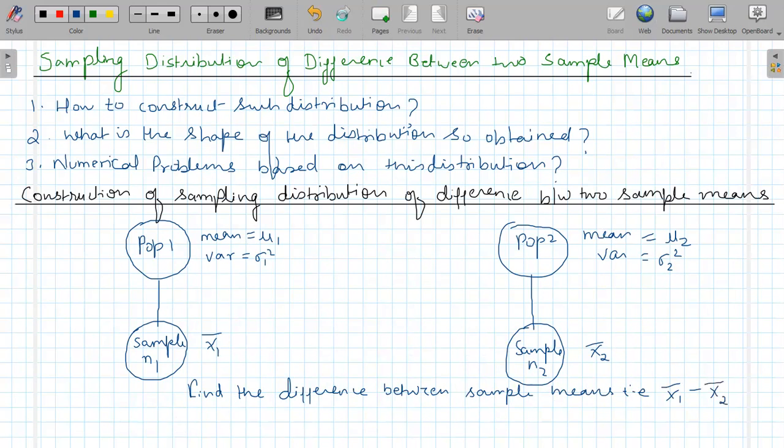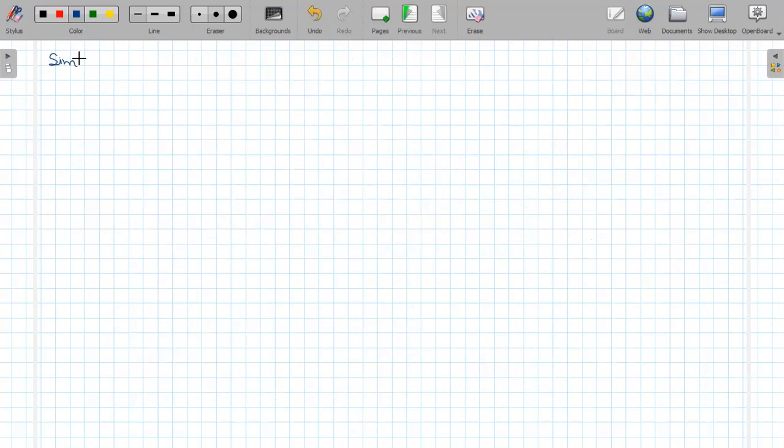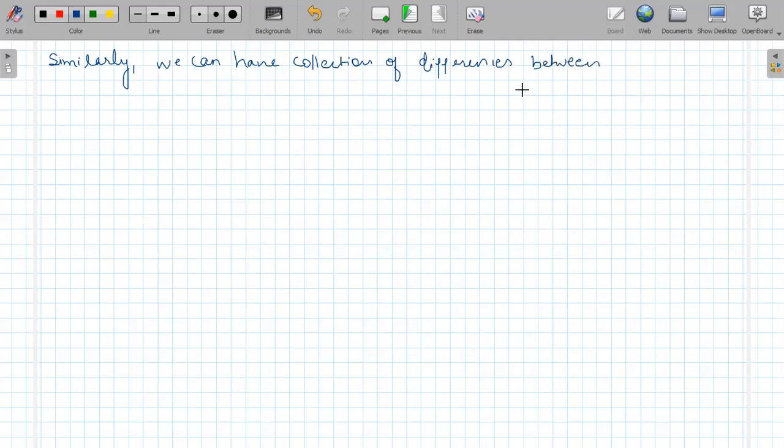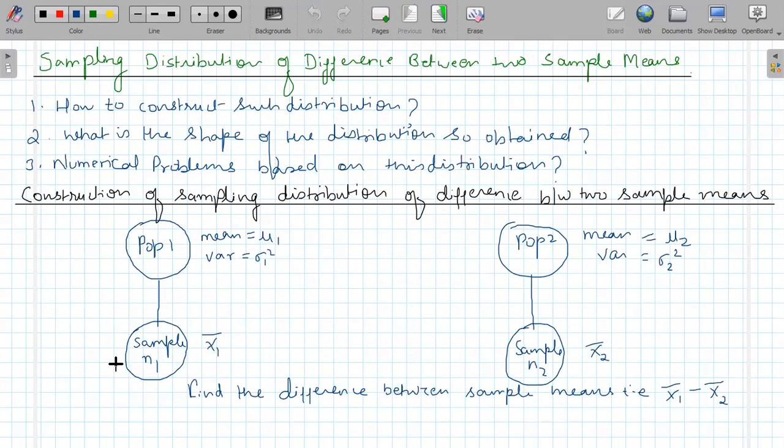Similarly, we can have a collection of differences between sample means. अगर हमने एक सैंपल ड्रॉ किया है, you can draw another sample from this population of size n1 say.